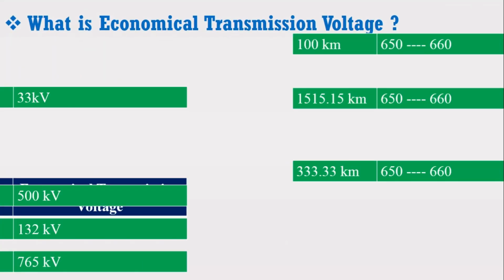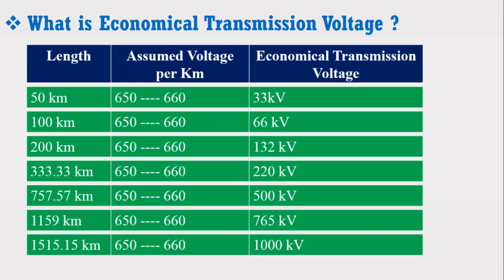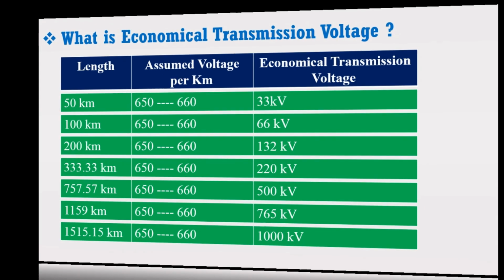By using this simple rule, the most economical transmission voltage for 50 km will be 33 kV, and for 200 km it will become 132 kV, and so on. It may be noted that this rough basis of determining the economical transmission voltage is very important, and this technique is very useful in solving the MCQs based tests for electrical jobs.